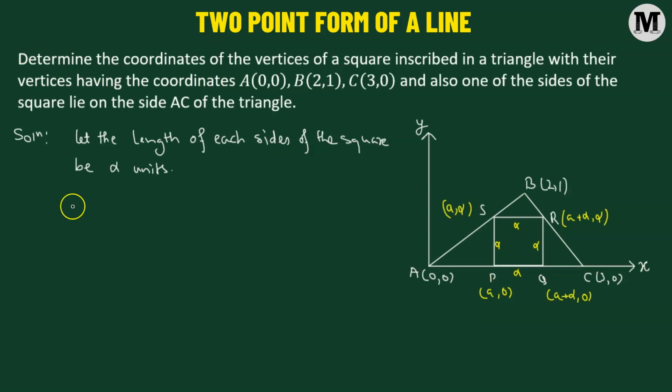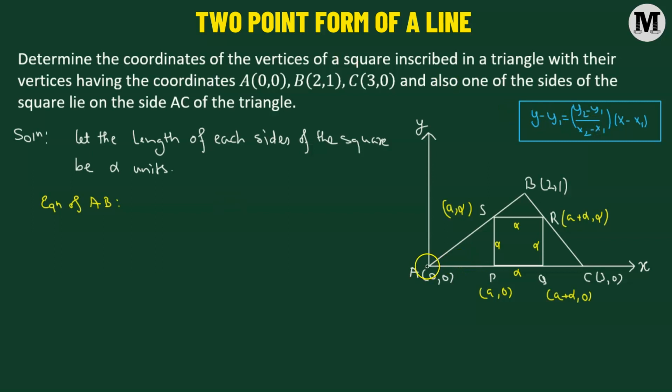So let us begin. What we'll do first, we will try to find out the equation of the side AB of the triangle ABC by using the two-point form of a line. The two-point form of a line, let me quickly remind you, is given by y minus y1 equals (y2 minus y1) divided by (x2 minus x1), multiplied by (x minus x1). Here (x1, y1) and (x2, y2) are two points through which the line passes.